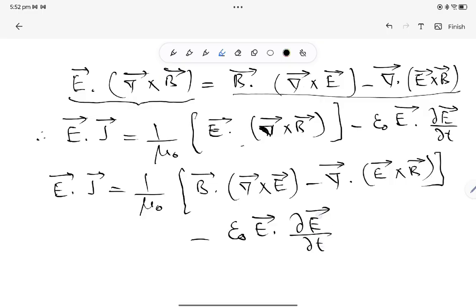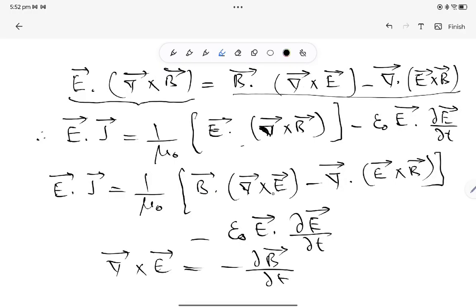Next step, we use Faraday's law for del cross E. According to Faraday's law, del cross E is equal to minus del B by del T, Maxwell's third equation.